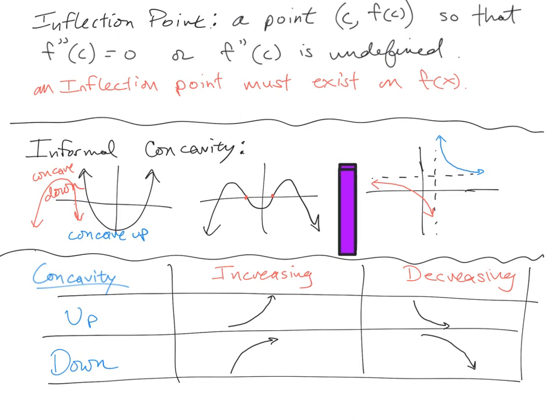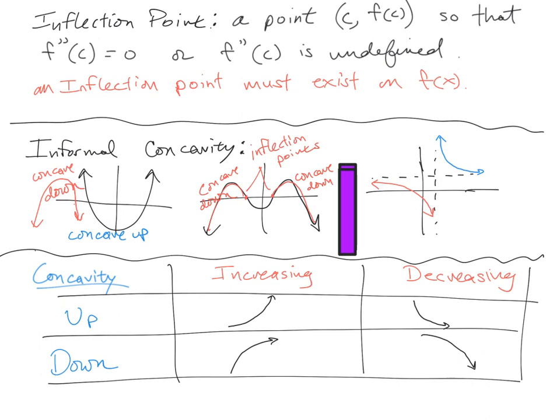So this and this would be inflection points because the concavity changes. So here it's concave down. Here it's concave down.